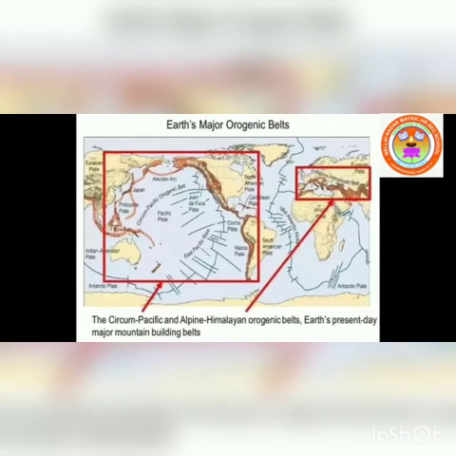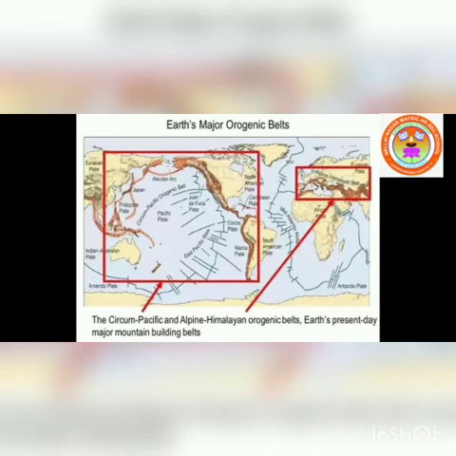So the collision with the Eurasian plate, you can see here in the Earth's major orogenic belts map, is very clearly given, children. The collision with the Eurasian plate along the boundary between India and Nepal formed the orogenic belt that created the Tibetan plateau and the mighty Himalayan mountains.